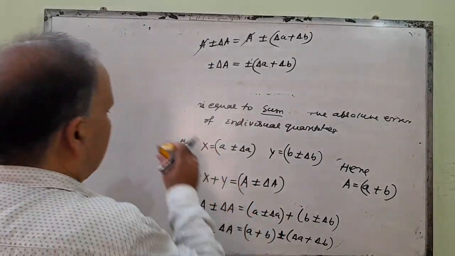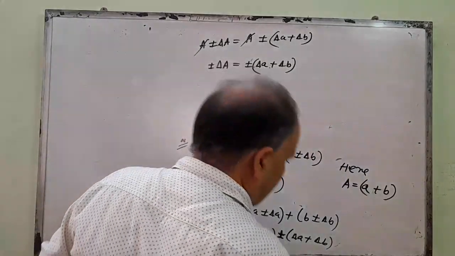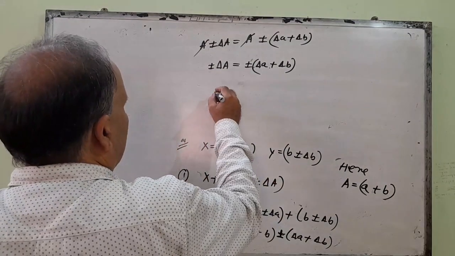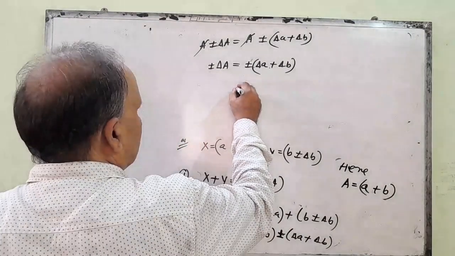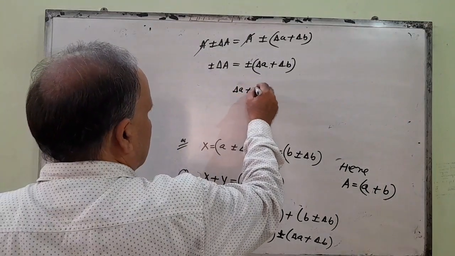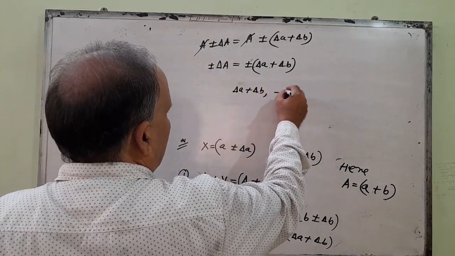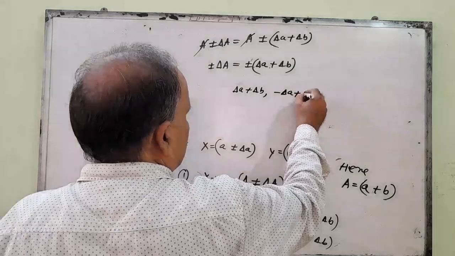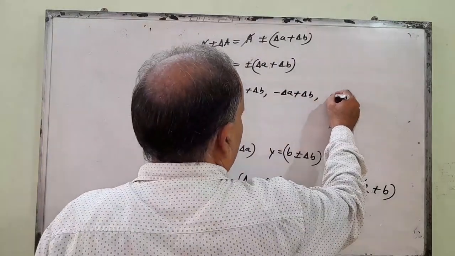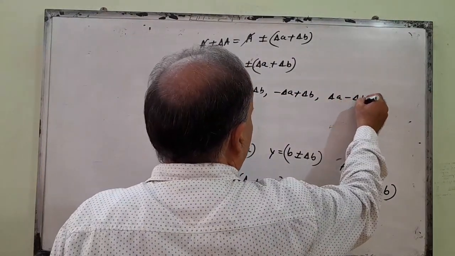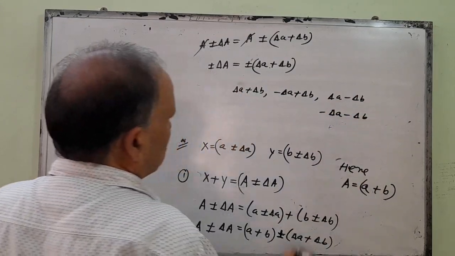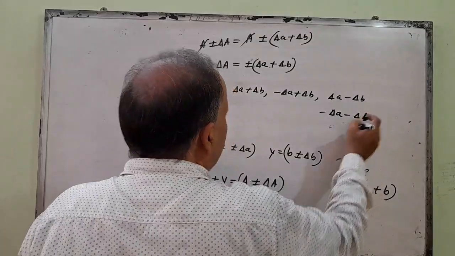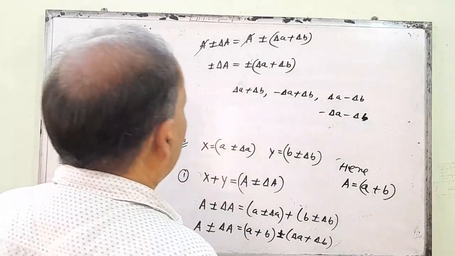When we find its maximum value, we can write there are four possible values. That is, there are four possible cases: delta a plus delta b, minus delta a plus delta b, delta a minus delta b, and minus delta a minus delta b. So our aim is to find maximum error.